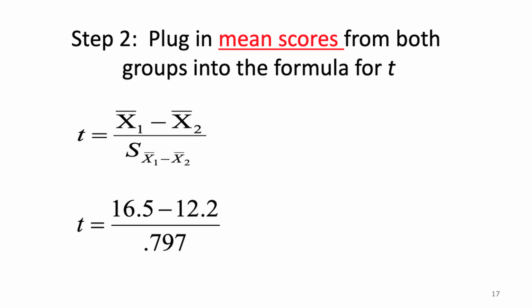So we can plug and chug that a little bit. 4.3 divided by 0.797 is 5.395. That's the t-score, the t-value. The t-test is equal to 5.395. Well, that doesn't mean very much to us. We don't know if that's big or small or what.